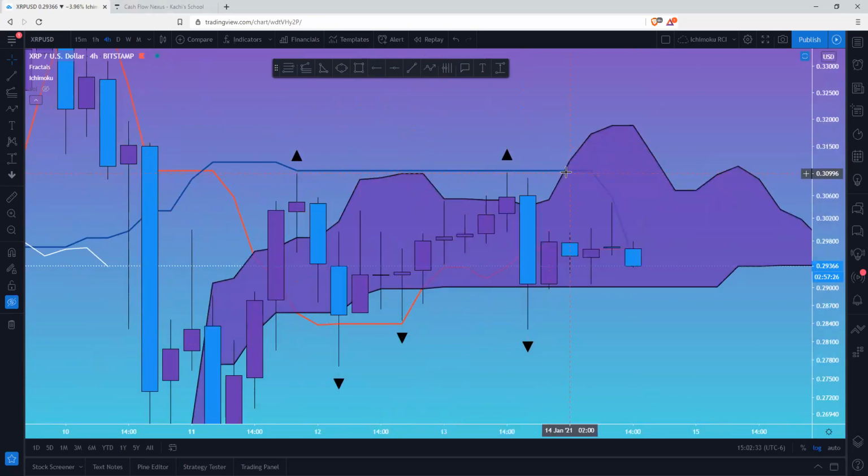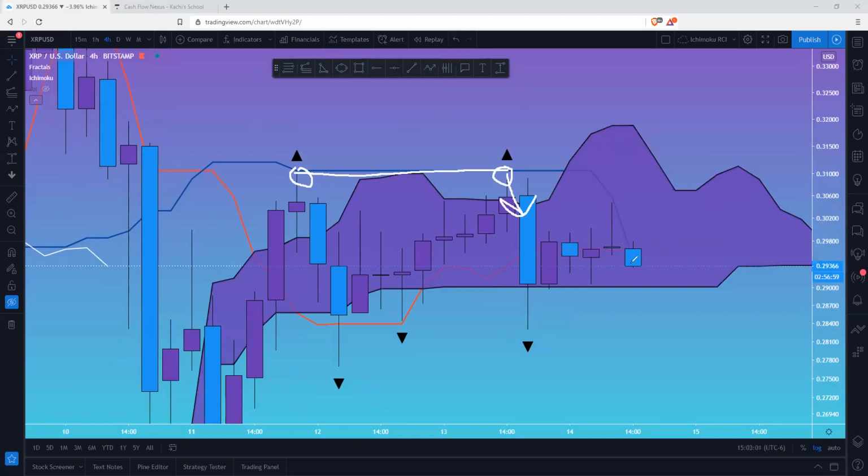This was a Kijun bounce and also a fractal level. So we know this is a solid level of support, correct? I mean resistance, correct? Resistance. Look, it came back to the same spot, and the market rejected it.